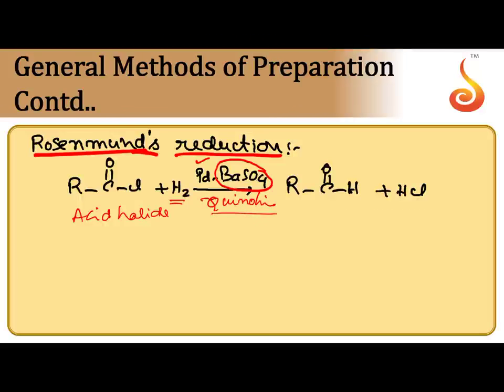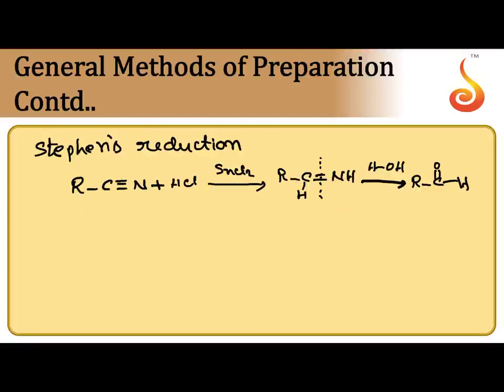So the entire mixture is called Lindlar's reagent. So when acid halide is subjected to partial reduction by Lindlar's reagent, Cl is replaced with H. Reduction takes place forming aldehyde. This is Rosenmund's reduction.